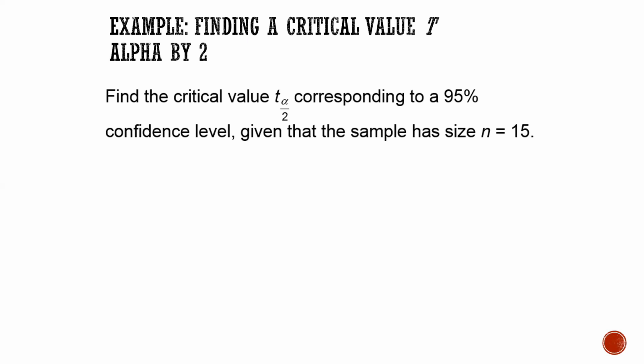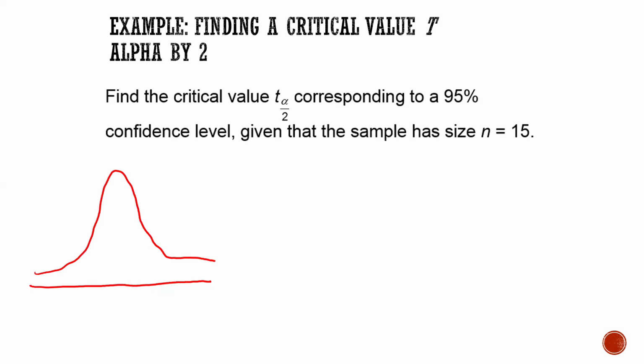So first, let's draw what our curve will look like. Here's my T curve. I made the tails much thicker than in the normal curve, just to give you the idea.